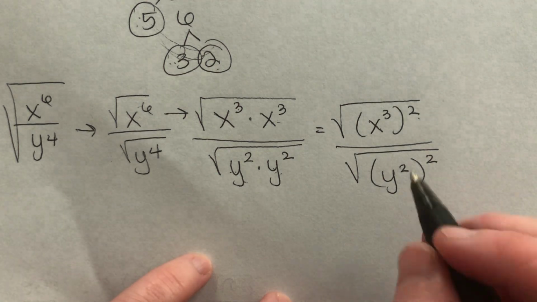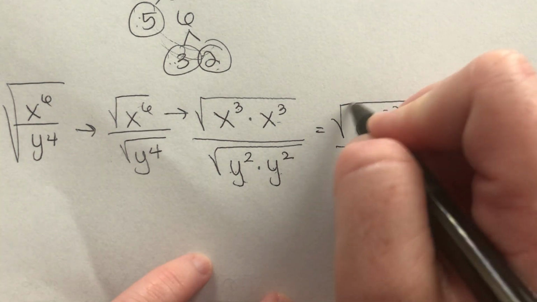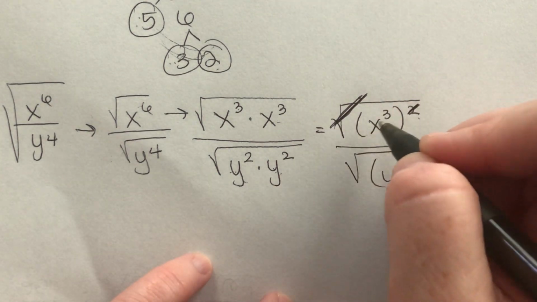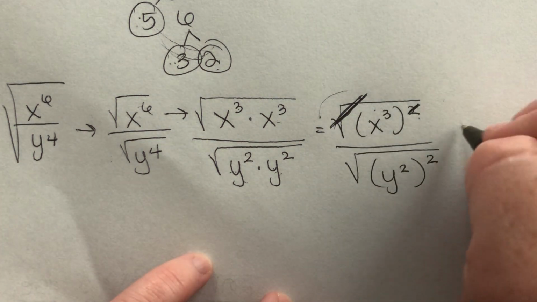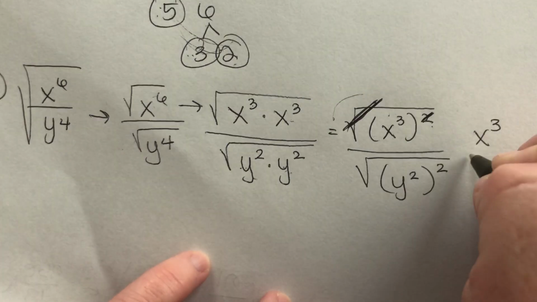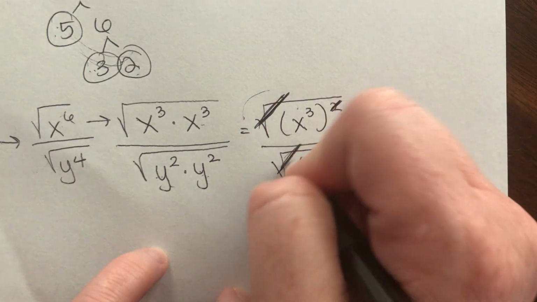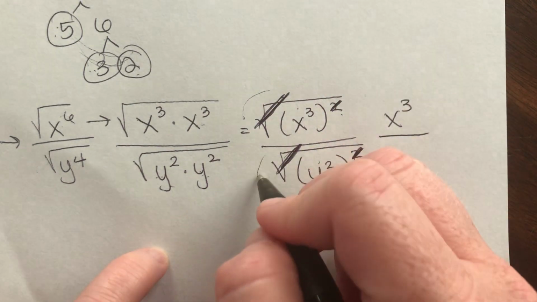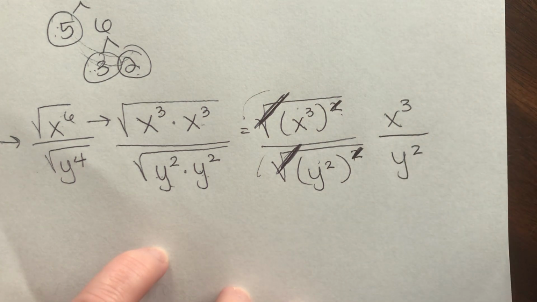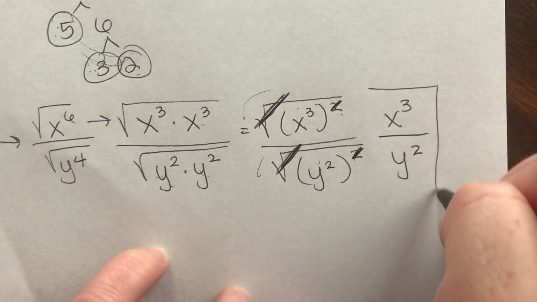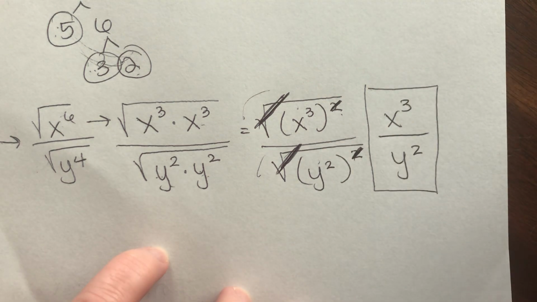So for the top and the bottom, this little 2 cancels out with this guy, right? That x to the 3rd hops outside of the radical, so I'm just left with x to the 3rd on top. And on the bottom, this little 2 and this little radical cancel each other out. This y squared hops out, so I'm left with y squared. So my final answer, there's no more radicals left, x to the 3rd over y squared.